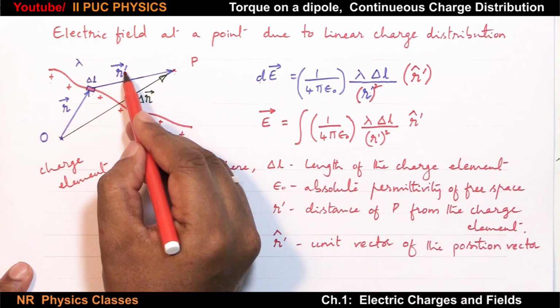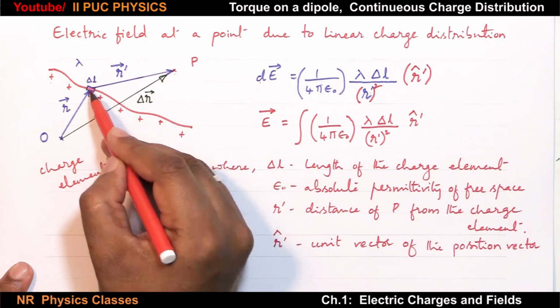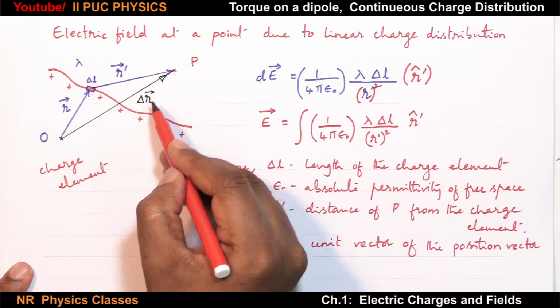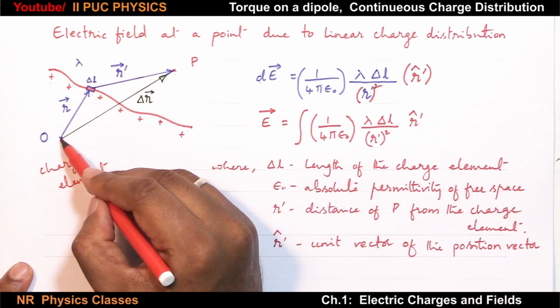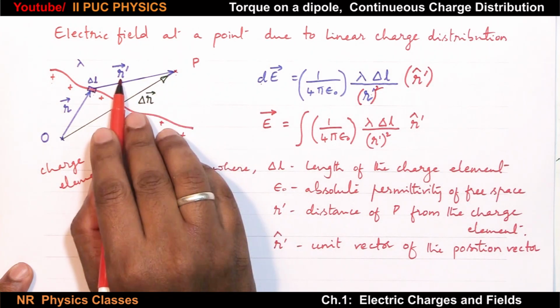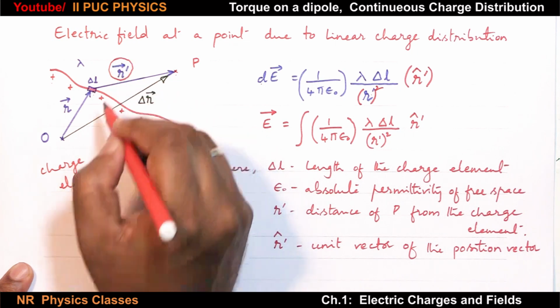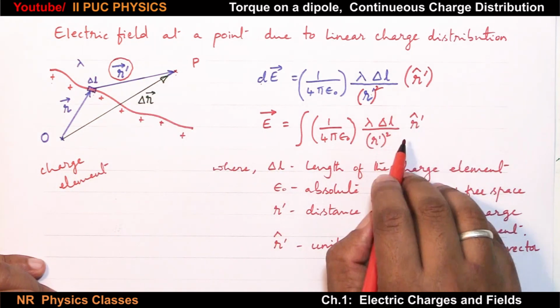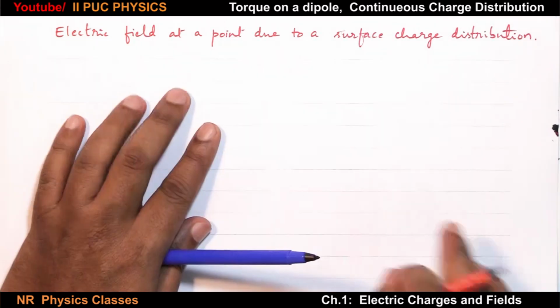R dash is the position of P with respect to the current element. Delta R is the position of P from that reference origin. Since we want from this element to P, this distance matters. So this position vector matters. Don't worry about these equations. Only in a few places we will be using them.